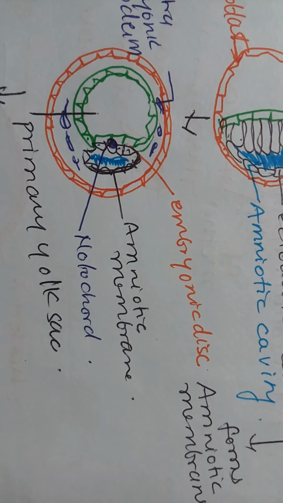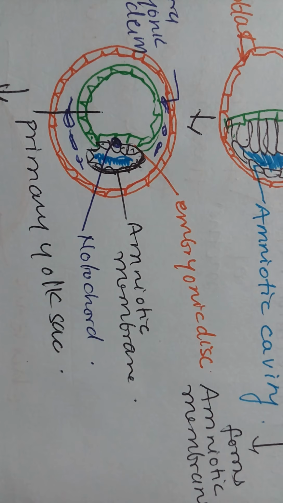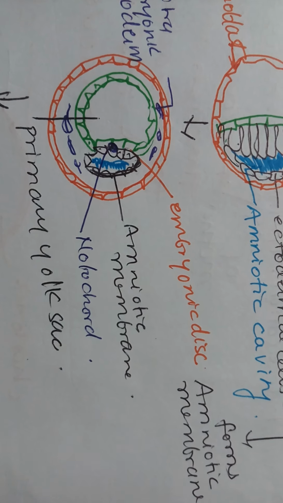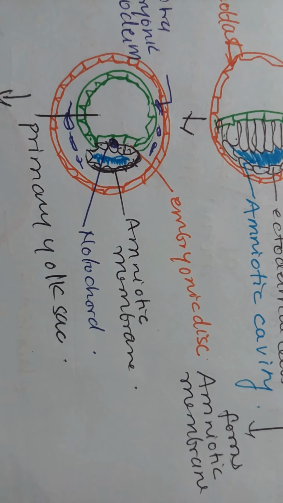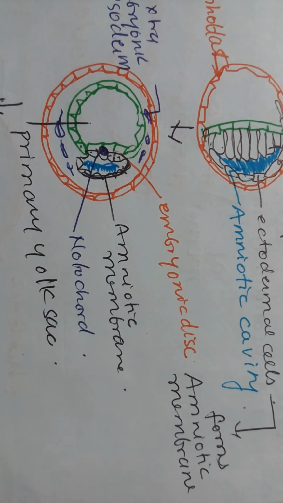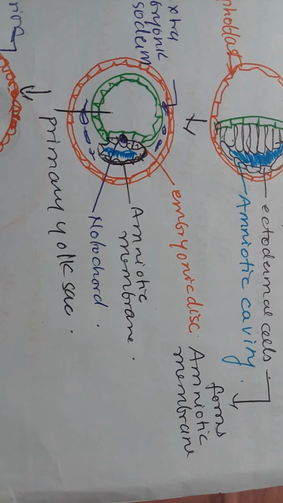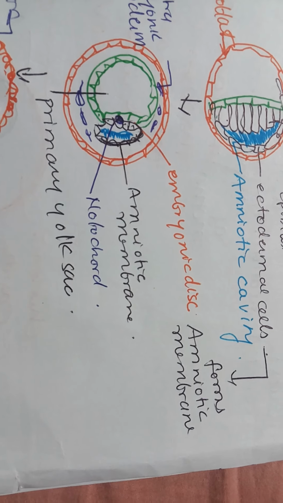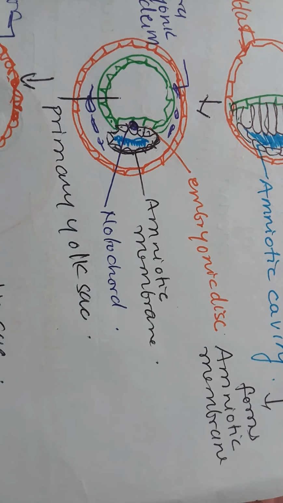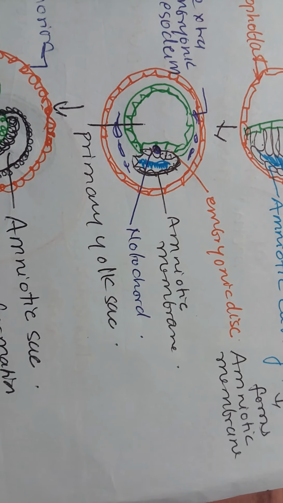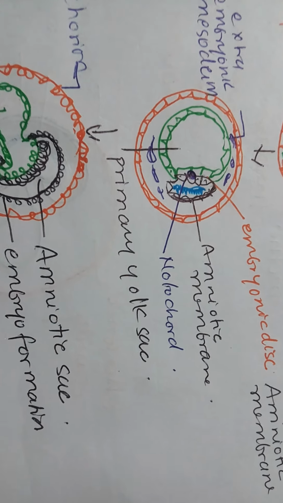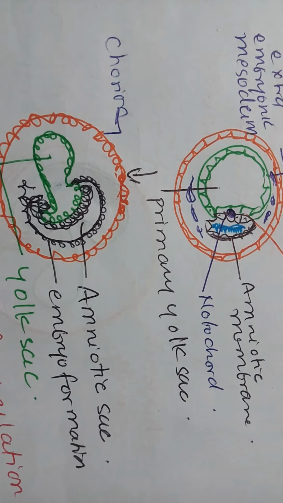Okay, then the embryonic disc is present from where the cells were differentiating. Then later on, the hypoblast forms the primary yolk cells, and inside the amniotic membrane the amniotic fluid is there, in which the embryo will develop.